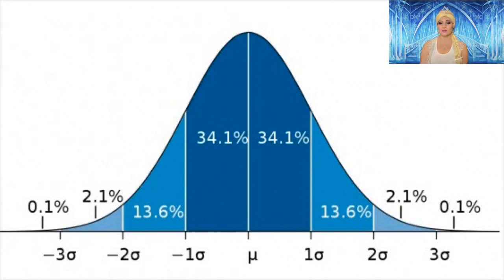Furthermore, if you go even farther out towards the extremes, you can see that 2 standard deviations above and below the mean is a mere 2% of the population in your distribution. So again, the whole point here is to show you that in a normal curve, most of your data points will fall around the mean. The mean is also the most frequently occurring score, and it is also exactly in the middle of all of our data points of our distribution.